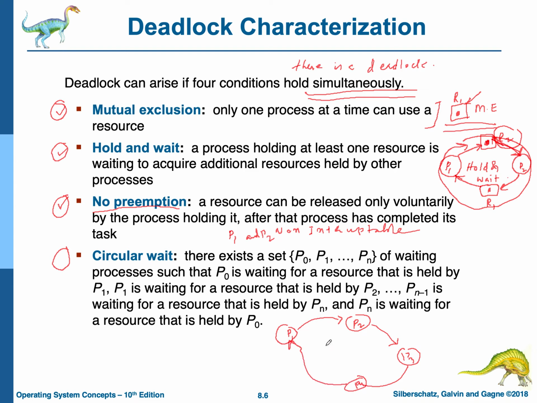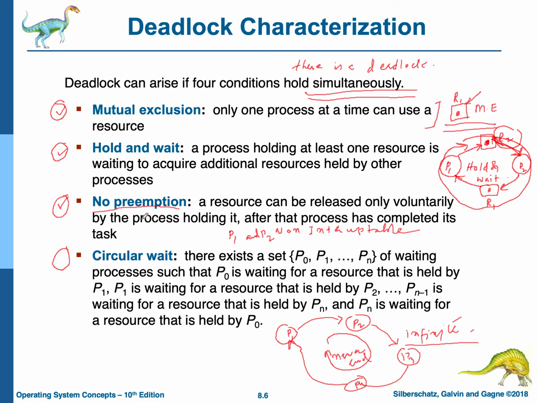So in such a condition we can say that this is a circular wait and it will never end, right? Infinite wait. As I have already told you, this is an infinite wait, and if there is a circular wait, it will never end.